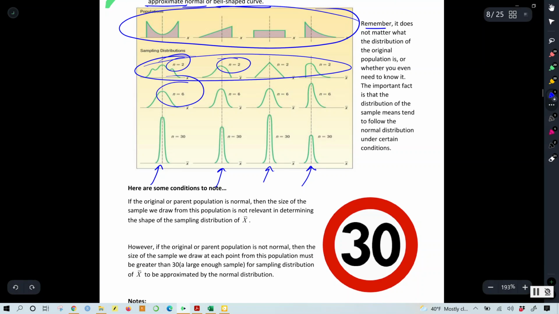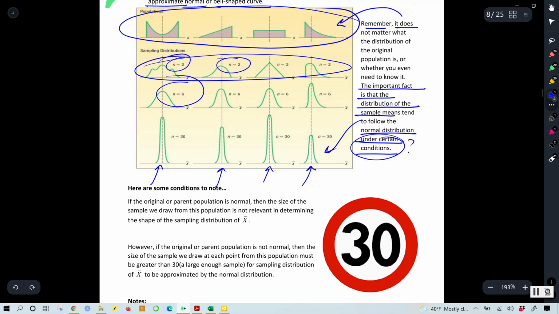You should remember that it does not matter the shape of the distribution you're starting with. What is most important is that as you randomly sample many samples from the population, the distribution of the sample means will eventually follow the normal distribution under certain conditions.